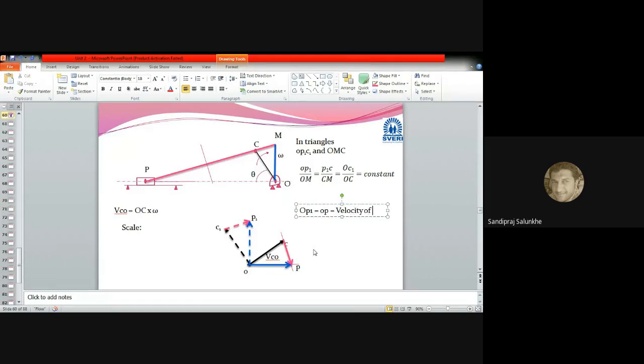Velocity of P with respect to O. हे बरोबर आहे? हे स्टेटमेंट बरोबर आहे का माझं?